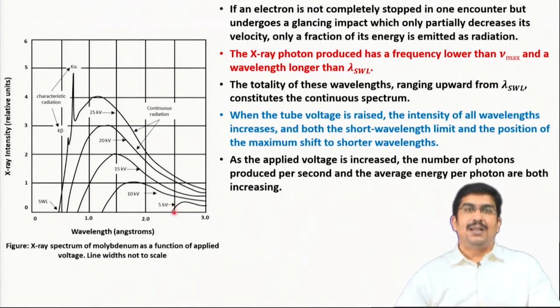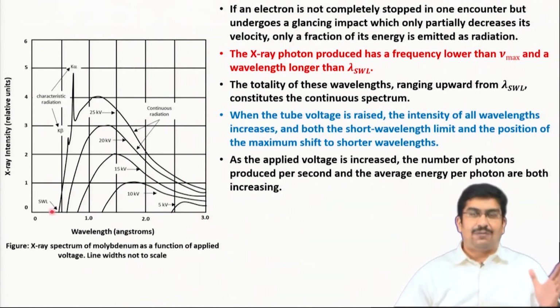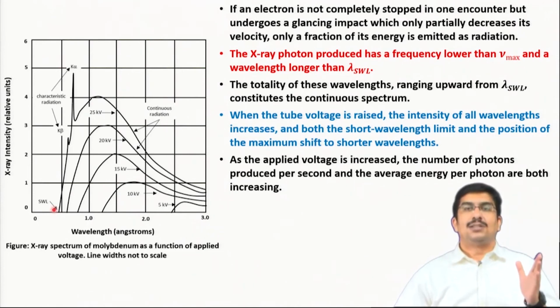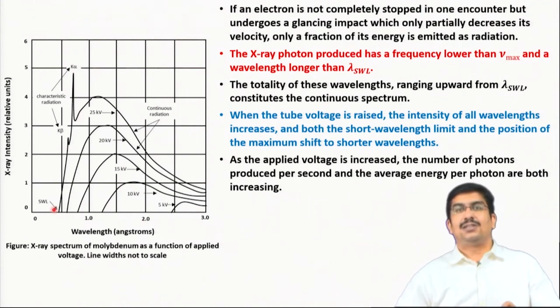So, if I use a smaller voltage, the lambda SWL is larger. That means the lambda SWL is at a much larger wavelength, up to which there is no measurable X-ray intensity. If we increase the tube voltage, then lambda SWL is shifting towards the left. That means lambda SWL is shifting to a smaller and smaller wavelength value. Okay, that is the kind of relationship we have.